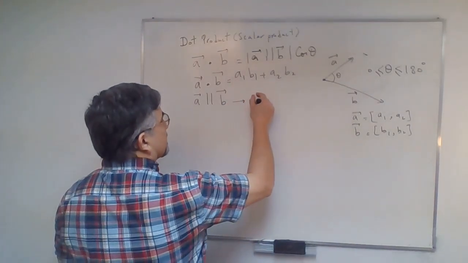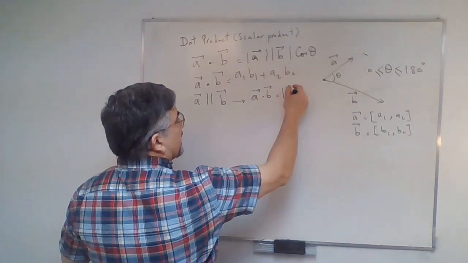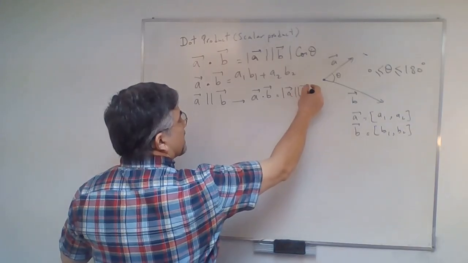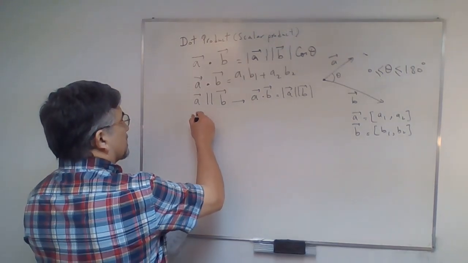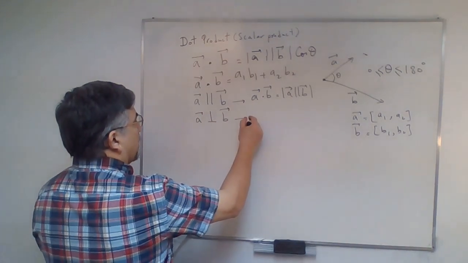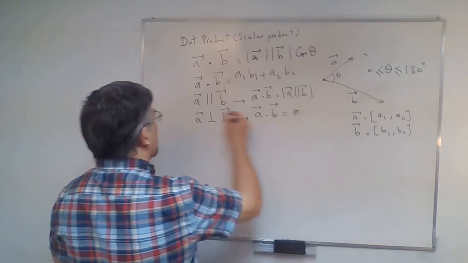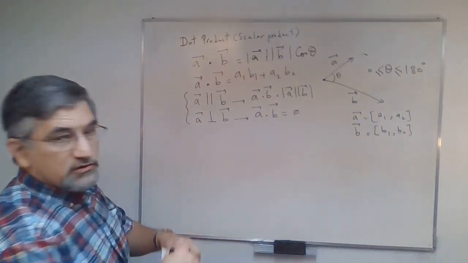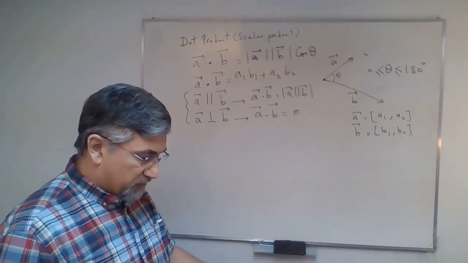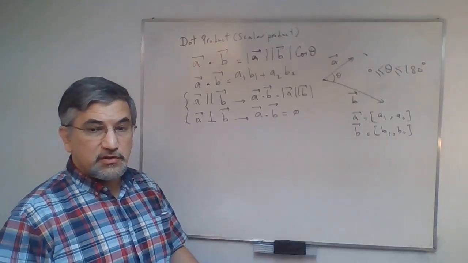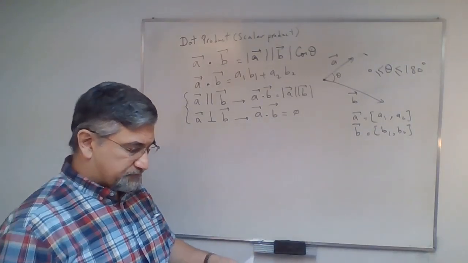So A dot B becomes magnitude of A times magnitude of B times the cosine of 0, which is 1. But if they are perpendicular, then you know that cosine of 90 is 0, and 0 times anything is 0. So the dot product of the two vectors is going to be 0 if the two vectors are perpendicular. And this is an extremely important property. I hope you're going to remember that.